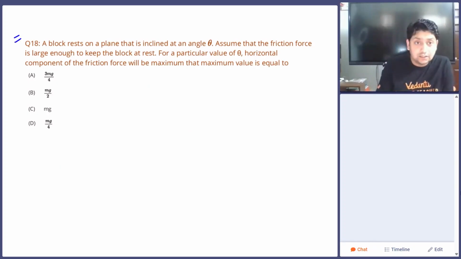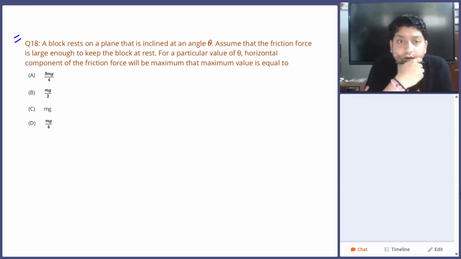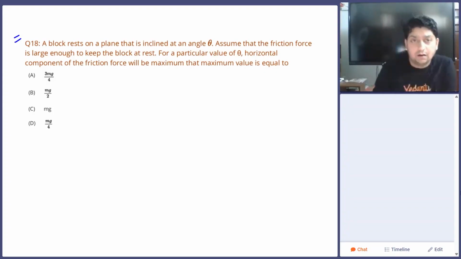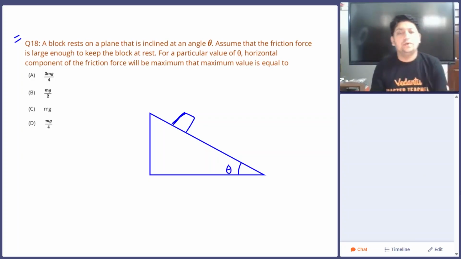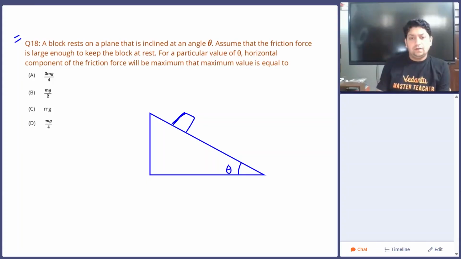Next question says a block rests on a plane that is inclined at an angle of theta. Assume that the friction force is large enough to keep the block at rest. For a particular value of theta, the horizontal component of friction force will be maximum. That maximum value is equal to? See over here what is happening.